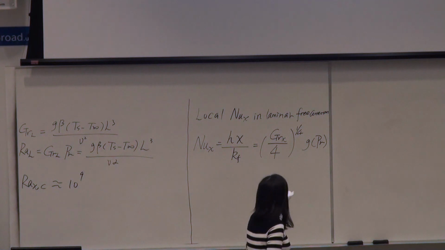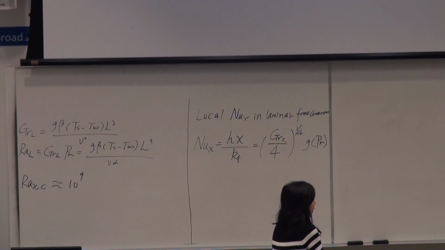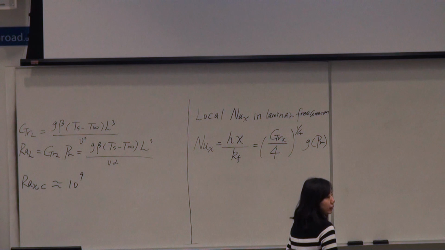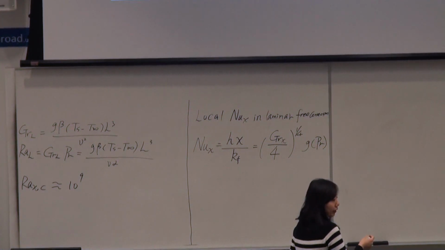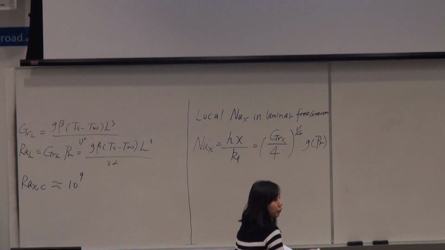It can also be clearly seen from the graphs that the velocity distribution and temperature profile have a strong dependence on what kind of material it is, whether you have air or something else. That depends on the Prandtl number. We use g of Prandtl to show its dependence on Prandtl.